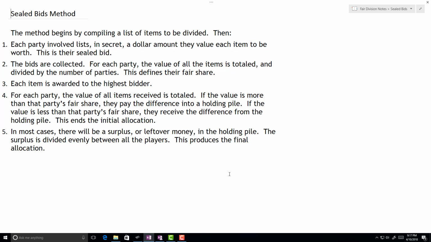So this requires there being cash on hand to do this. Now, usually after it's divvied up, you have money left in the holding pile. Whatever's left in the holding pile, since everybody has a fair share, that chunk is just divided among however many people there are and distributed out.